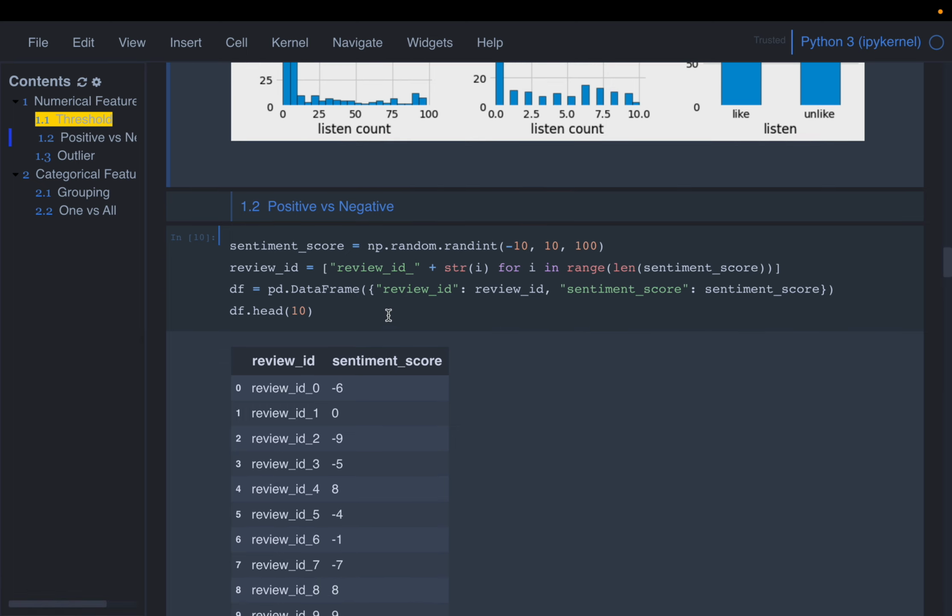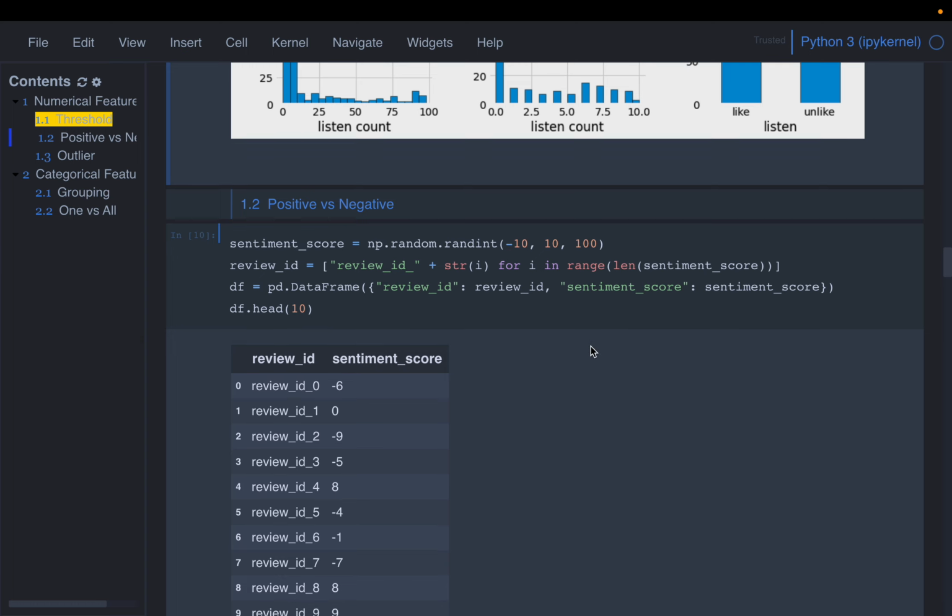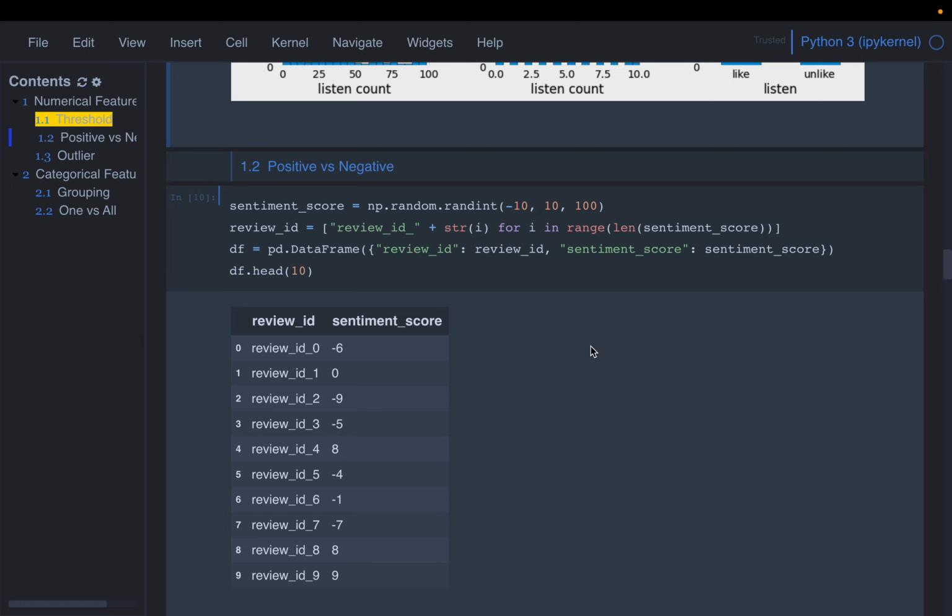Let's say we are taking the customer reviews for a product, and we have this sentiment score, let's say between -10 and +10. Now, instead of giving the model the sentiment score between -10 and 10, because -10 versus -7 might not be that different, right?